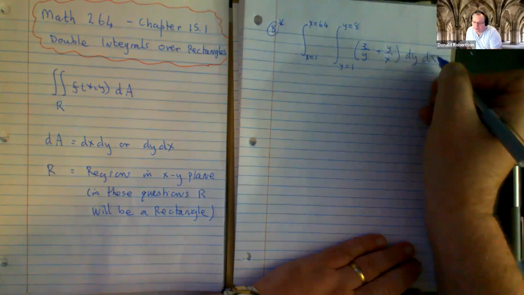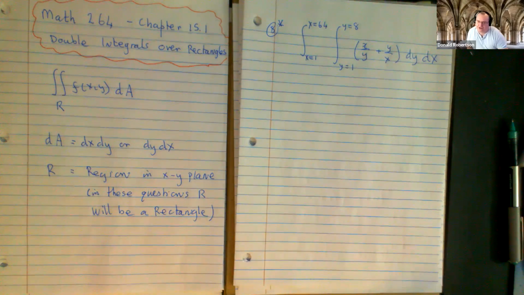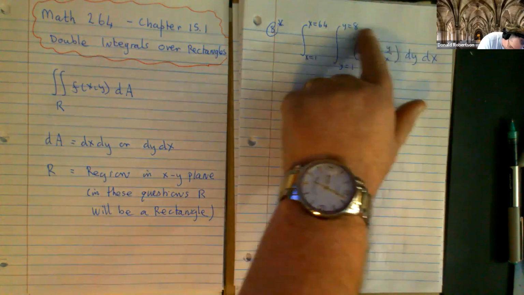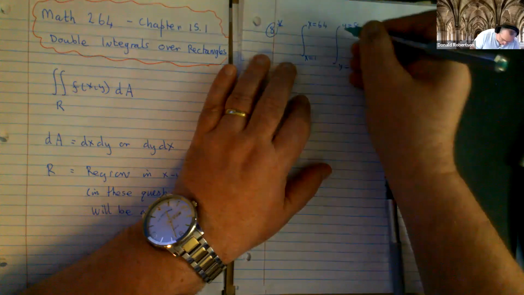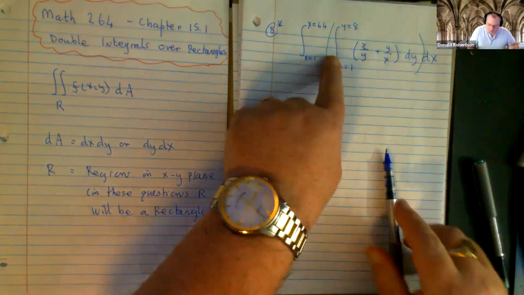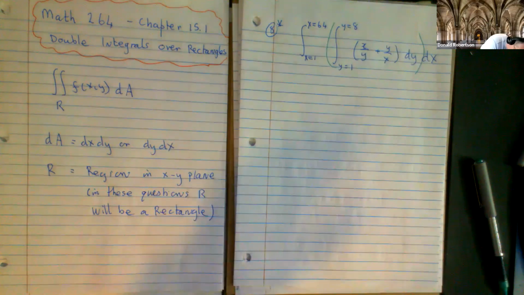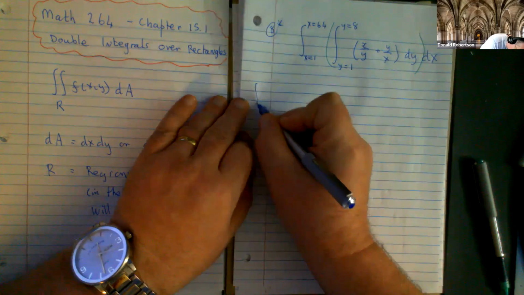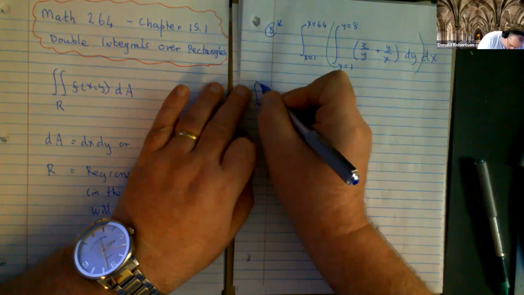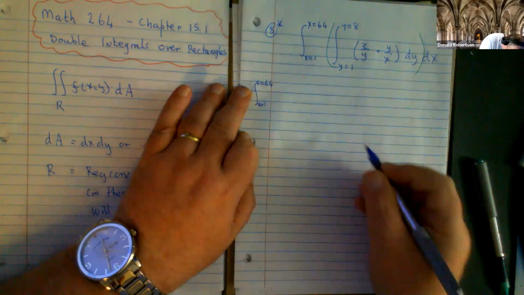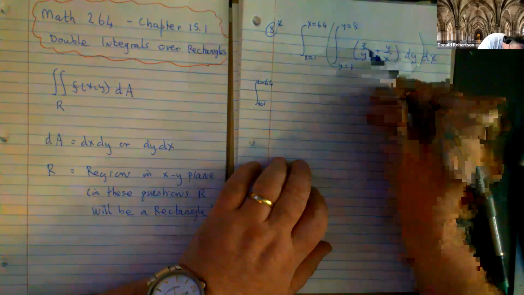I'm only going to do the first piece. In other words, the integration that's here. Right, I'm just going to do that one. And then you could, you know, figure it out from there. With respect to y.